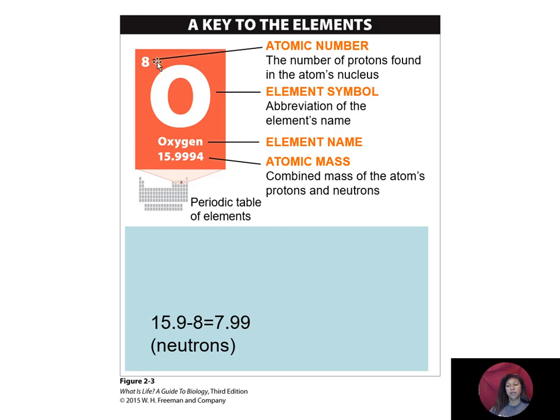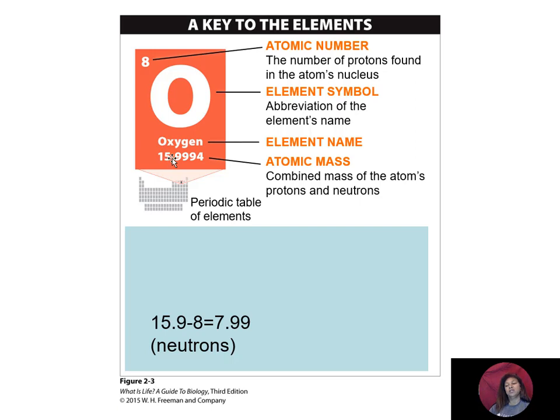The way that I remember it's the number of protons is because the atomic number is the number at the top, which has a P. It's the number of protons. Okay. The number here at the bottom is the atomic mass, or the atomic weight, and it's the combination of the atom's protons and neutrons.